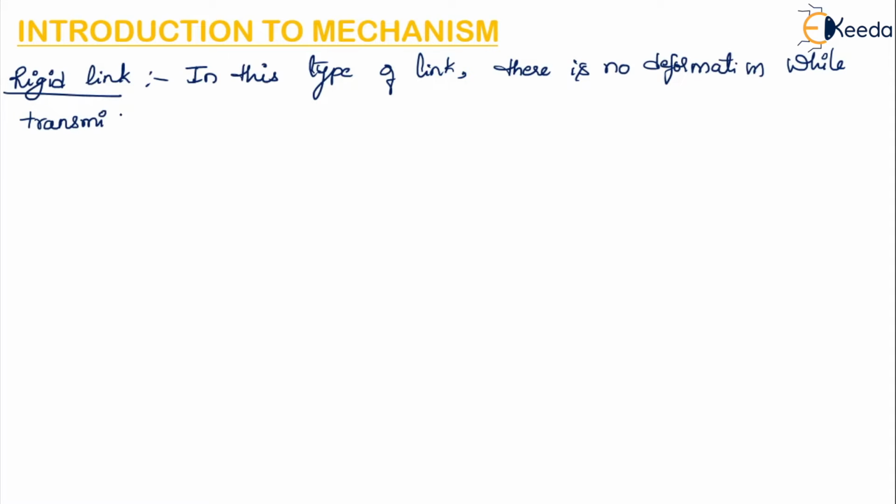Example for this type of link is the motion between piston and crank.